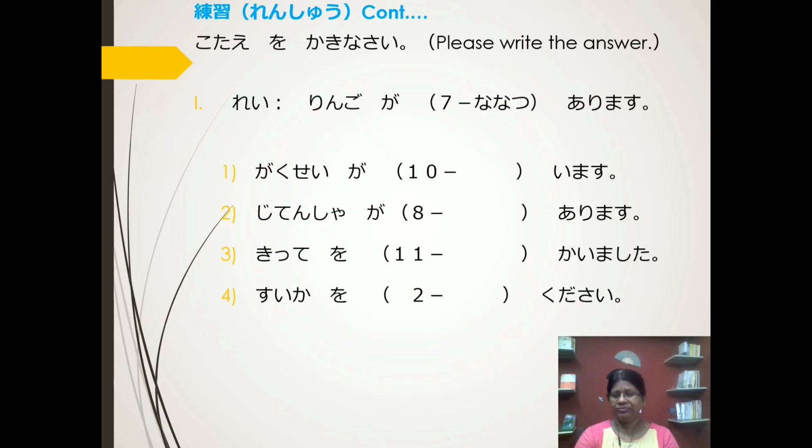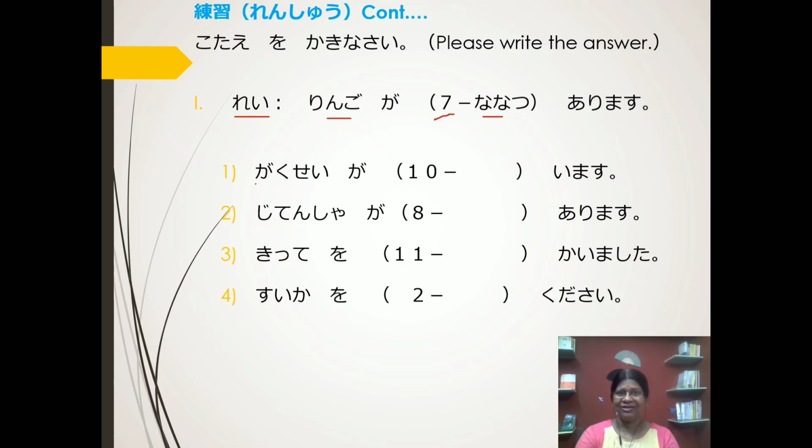Next. 答えを書きなさい。Please write the answer. An example sentence is given here. リンゴが7つあります。7つ because リンゴ are things. Like this, 1番から4番までしてください。Please do question number 1 to question number 4.